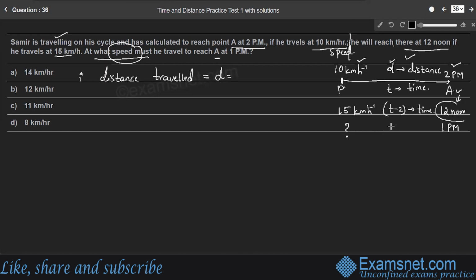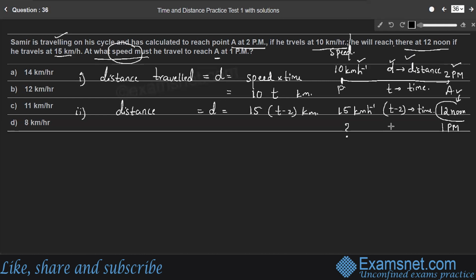According to the formula, distance is speed into time. In the first scenario, speed is 10 km per hour and the time is T hours. Hence, distance will be 10T kilometers. Whereas in the second scenario, the distance is the same here. D is equal to speed into time. Speed is 15 km per hour into T minus 2.